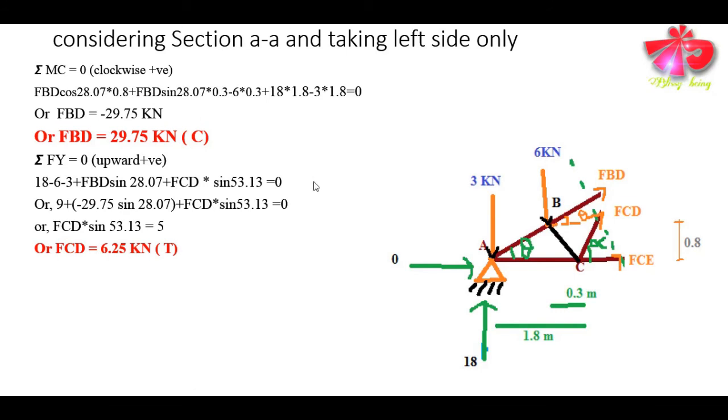Now friends, using the third equilibrium equation, that is summation of forces in x direction, that is the horizontal direction, and assuming the right direction as positive, what we can easily write is that FCE is acting horizontally, isn't it? Likewise the horizontal component of FCD is again acting rightward, and the horizontal component of FBD is acting rightward.